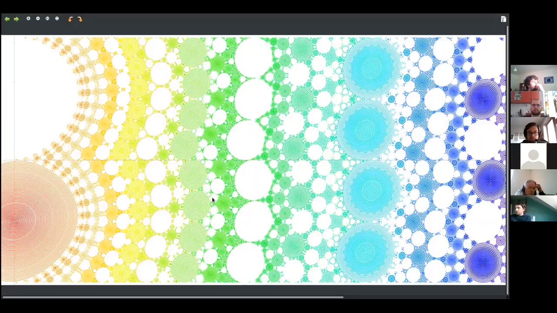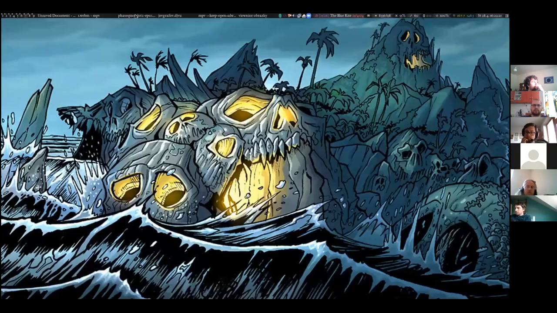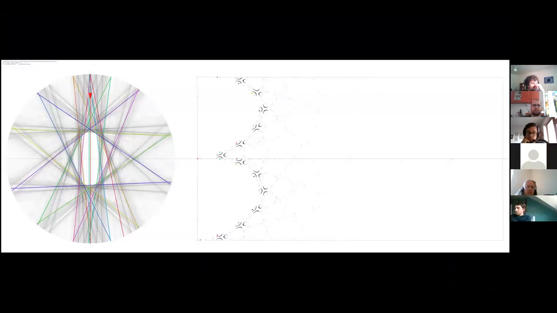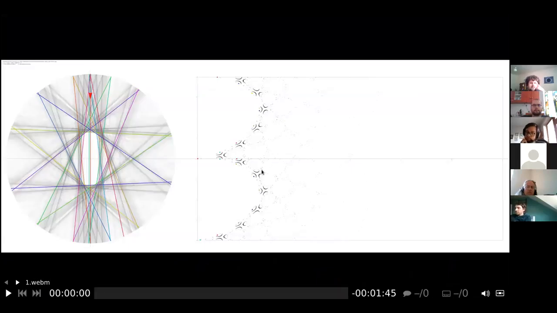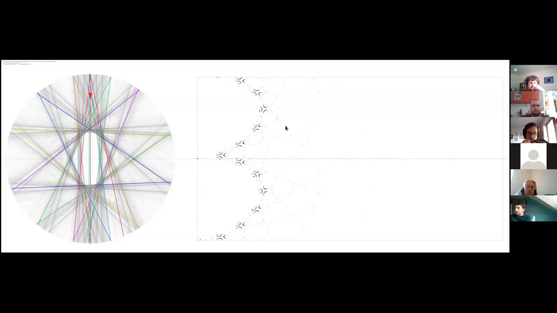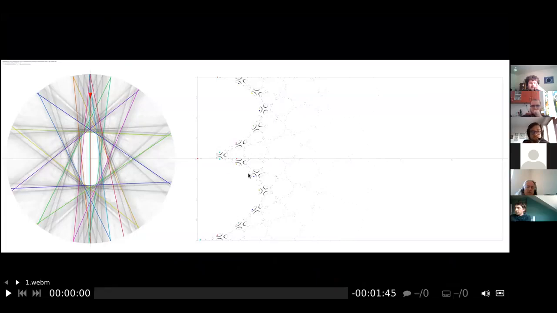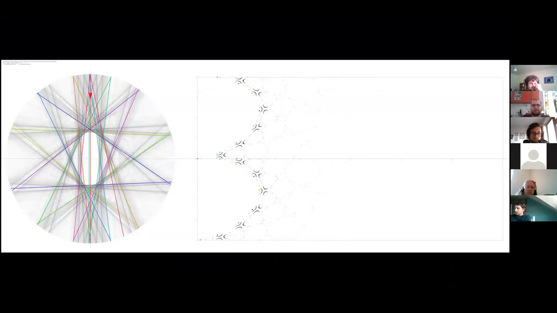But I say mostly because there are also chaotic parts in this system. So if we shoot the particle in some particular direction and with some particular velocity, we actually get chaotic behavior.